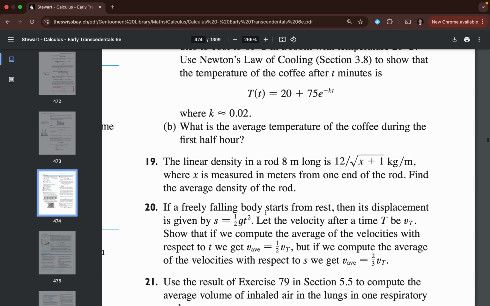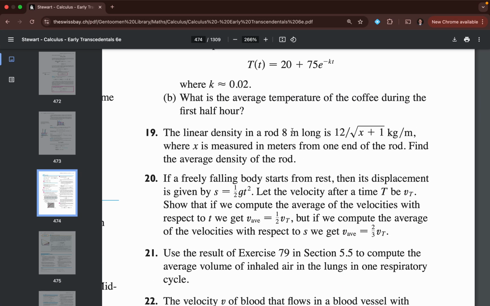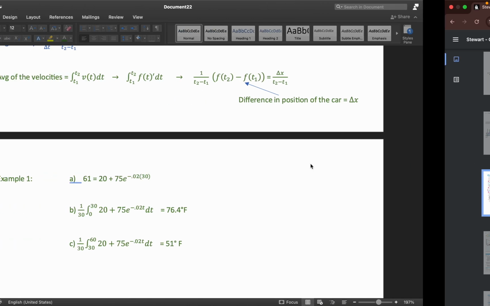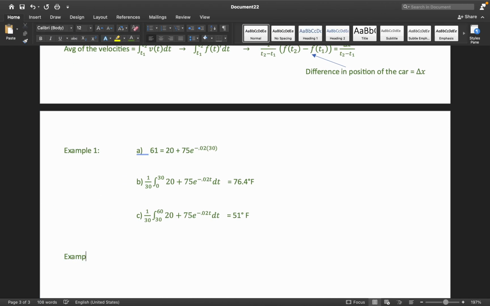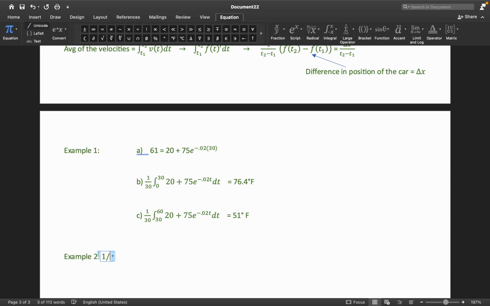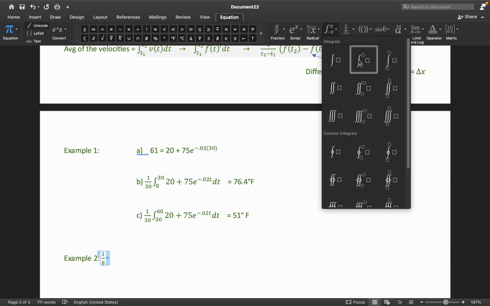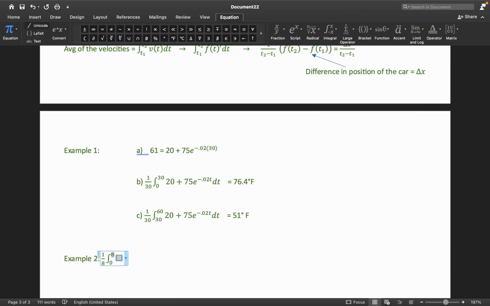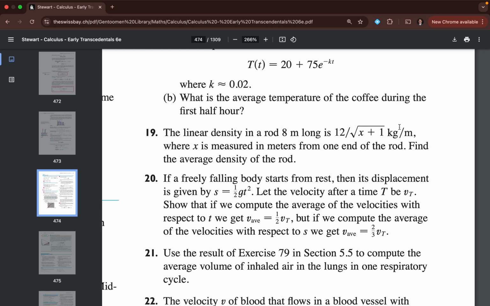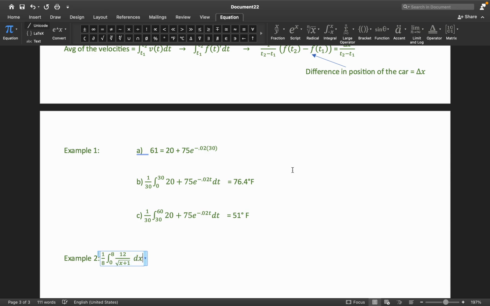Or one more, 19. The linear density in a rod 8 meters long is 12 over root x plus 1, where x is measured in meters from one end of the rod. Find the average density of the rod. So it would be 1/8 times the integral from 0 to 8 of 12 over the square root of x plus 1 dx.